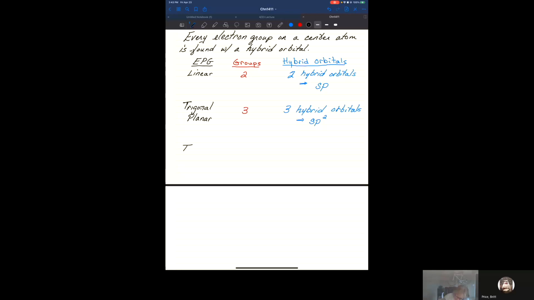Tetrahedral. Four groups. You guessed it. Four hybrid orbitals, sp3.